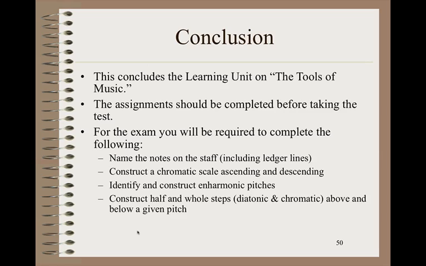And for the exam, just to give you a heads up, you will have to be able to name the notes on the staff. You'll need to be able to construct a chromatic scale or identify a chromatic scale. You'll also need to identify and construct enharmonic pitches, and also be able to construct half and whole steps above and below any given note.